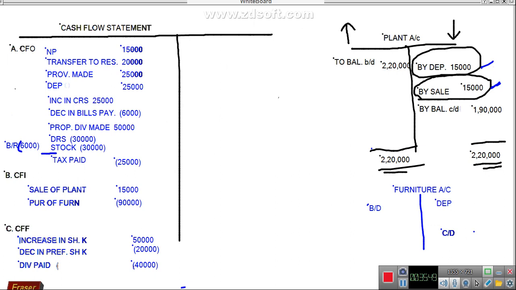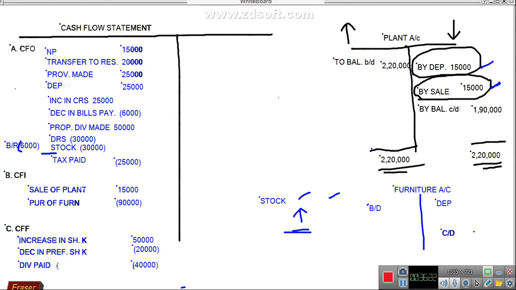And the logic behind it is, if you are not including cash here, and if there is increase in stock, this increase in stock will lead to decrease in cash. Means if you are not including cash or cash equivalent in current assets, and you find increase in stock between the previous year and the current year, this increase in stock is basically purchase of stock, and for this we are assuming that the company has paid cash or cash equivalent.